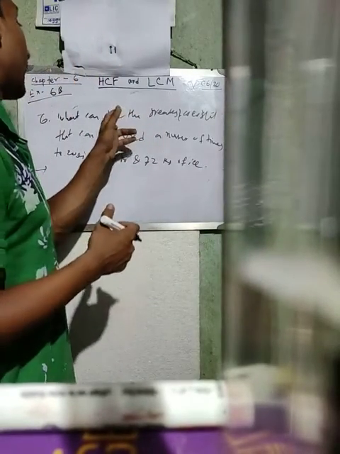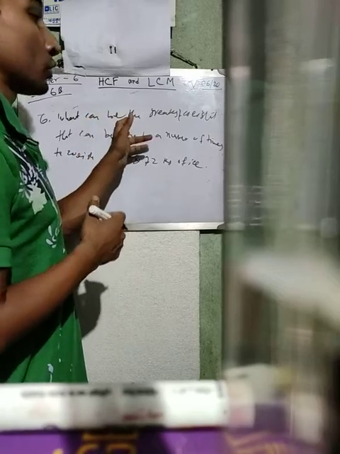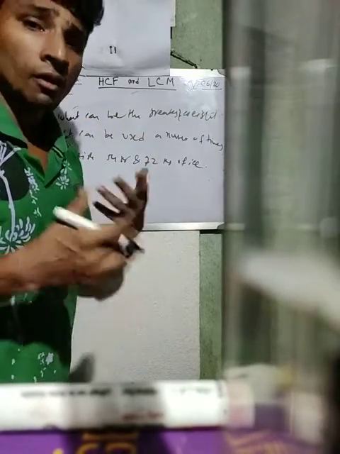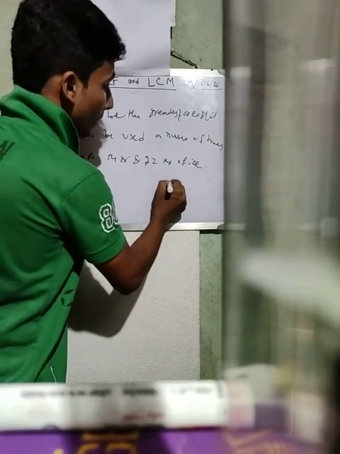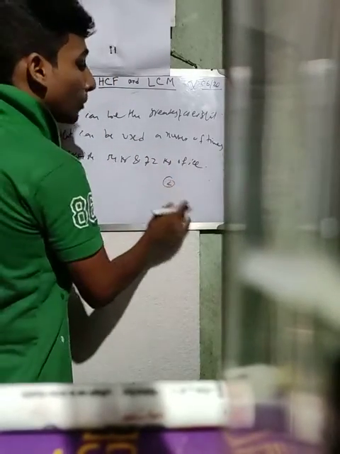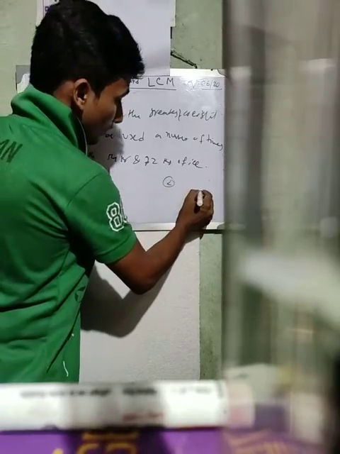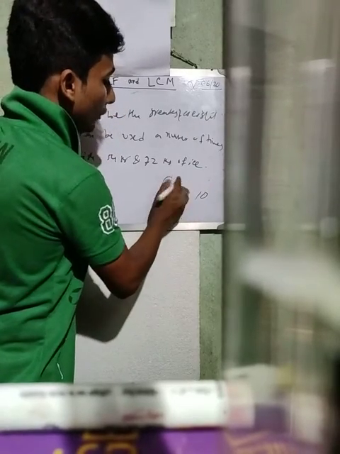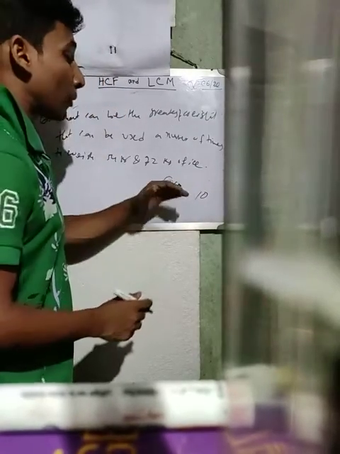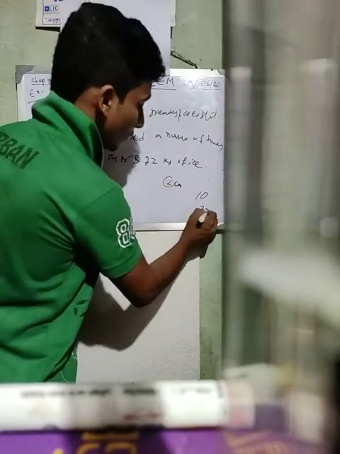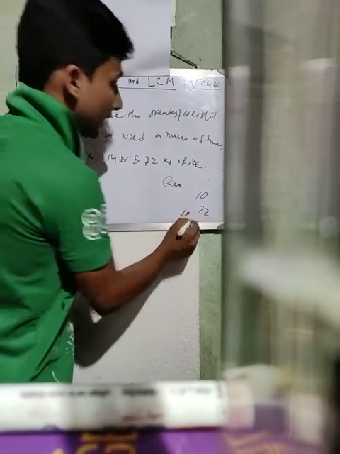That means the number which you want to find is one factor. Suppose we have a length of 2 centimeters. Then with the help of 2 centimeters we can measure 10 cm length, 12 cm length, 18 cm length. How?